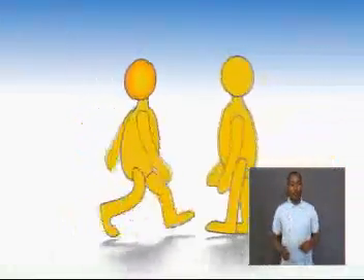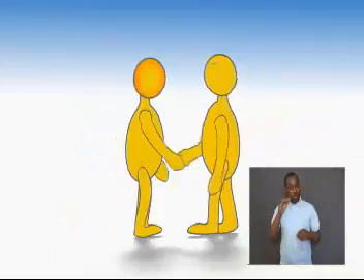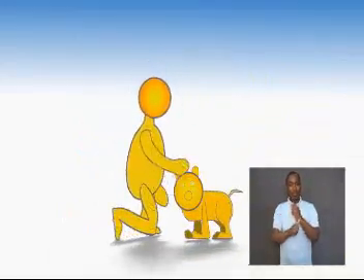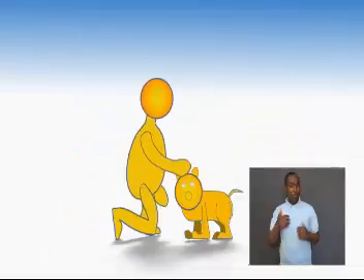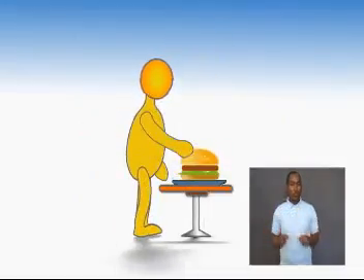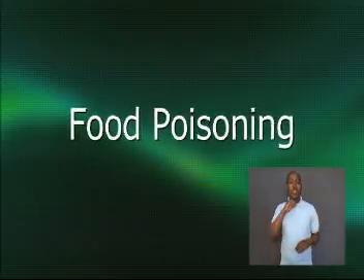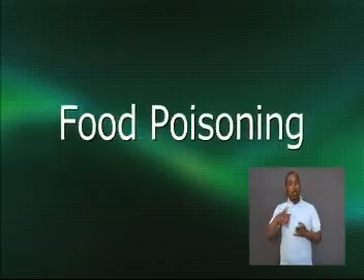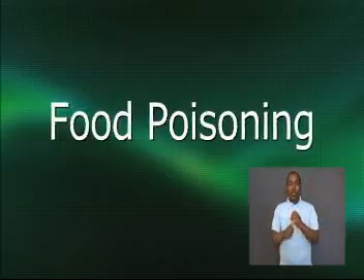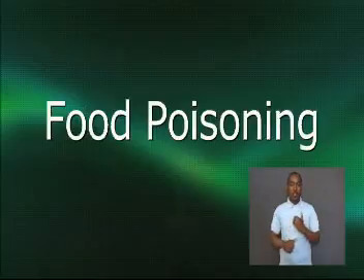There are a few ways these microorganisms can be transmitted. Direct contact with an infected person, carried by an animal, or eaten when we consume spoiled food. Food poisoning is one way that harmful microorganisms can affect you.